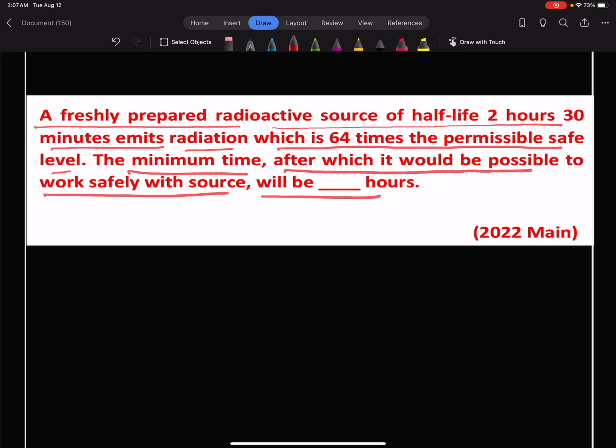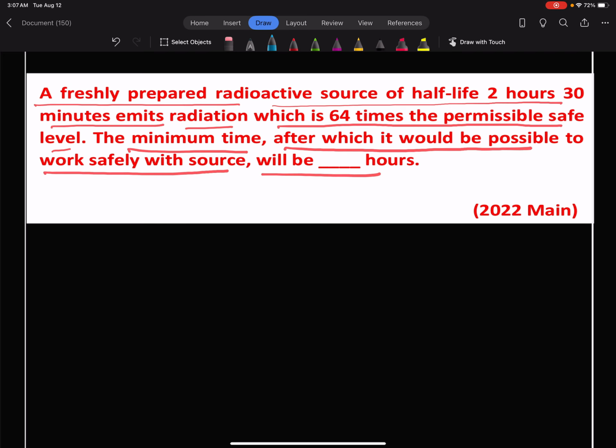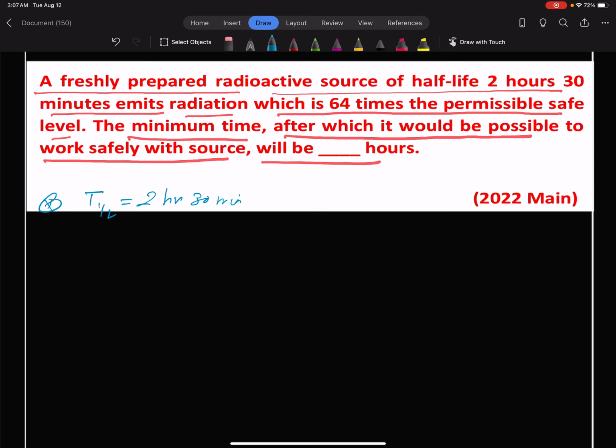So we are given that T half-life is 2 hours and 30 minutes, and the initial radiation level is 64 times the safe level.